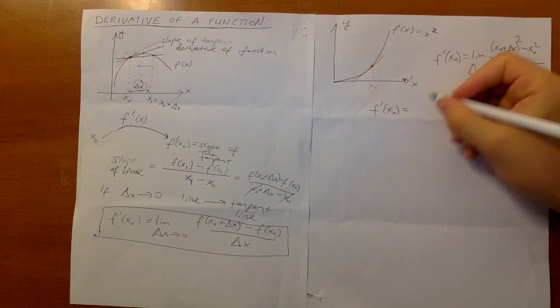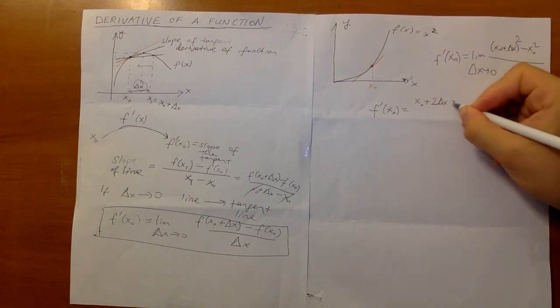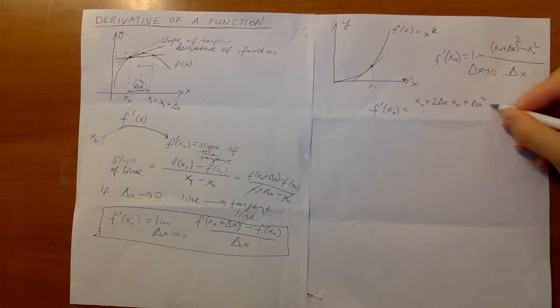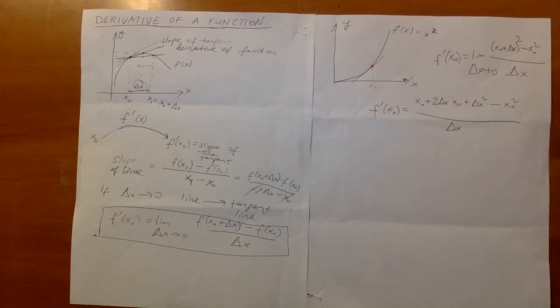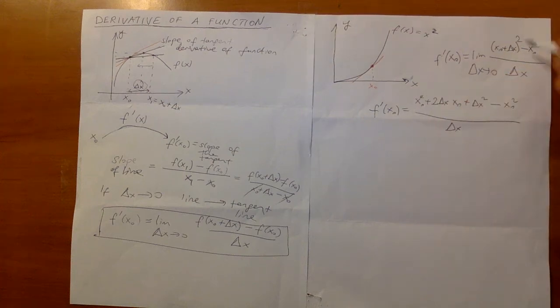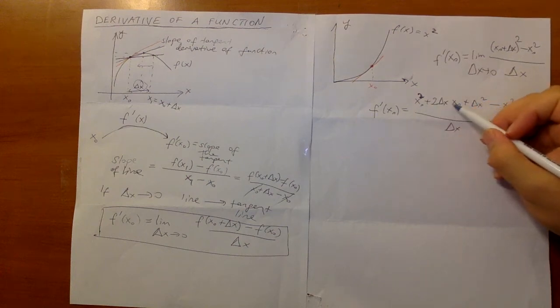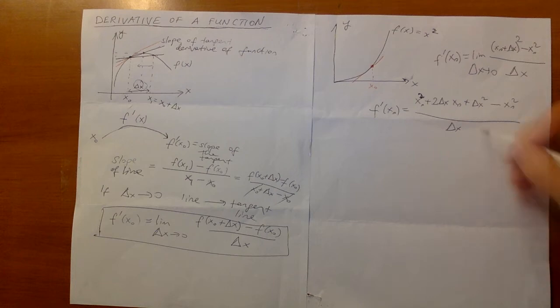The numerator becomes x0 plus delta x squared minus x0 squared, divided by delta x. So this is x0 squared plus 2 x0 delta x plus delta x squared, minus x0 squared.